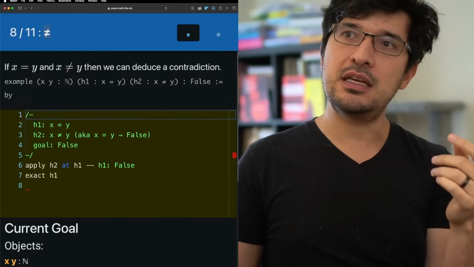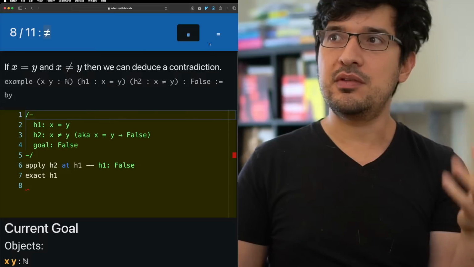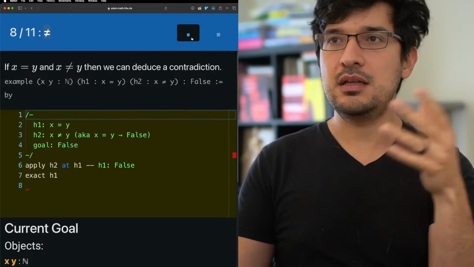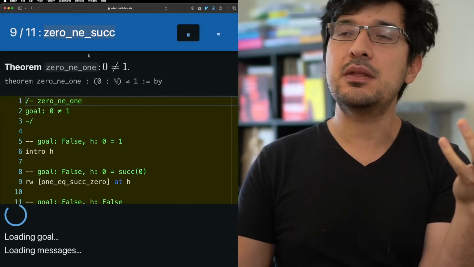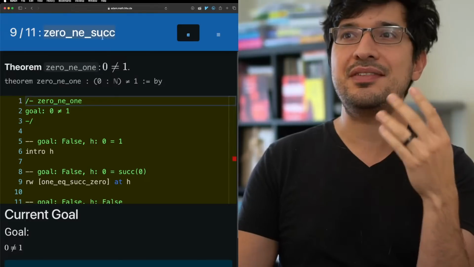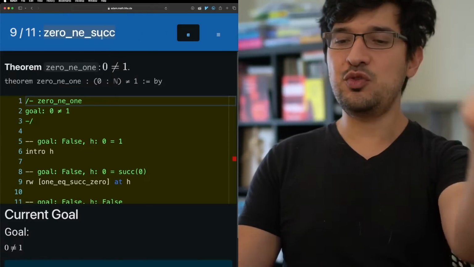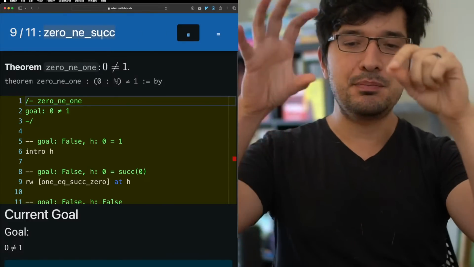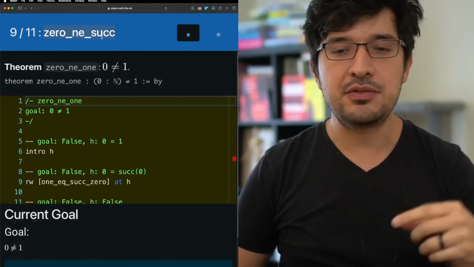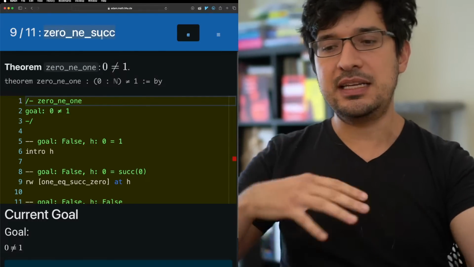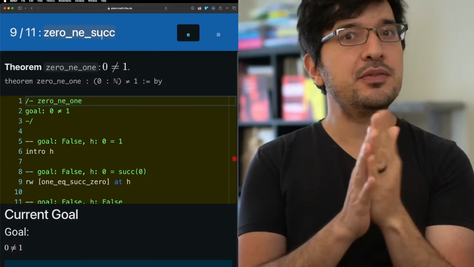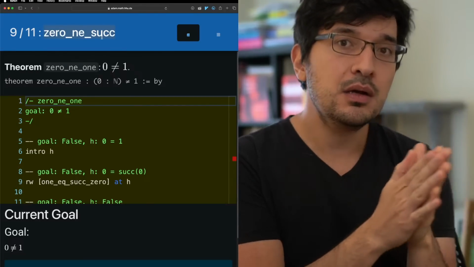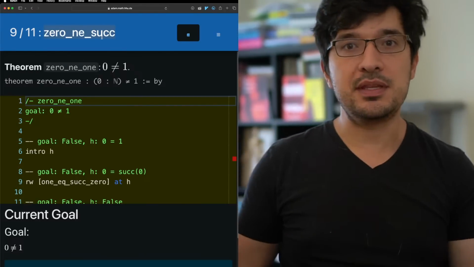Then we've got the not equal sign. So this is an implication. It's truly an implication in disguise. Then we learned 0 not equal successor. So 0 doesn't equal anything plus 1 is how I would phrase it. 0 does not equal any natural number plus 1. 0 is -1 plus 1, but right now we're not working with negative numbers.